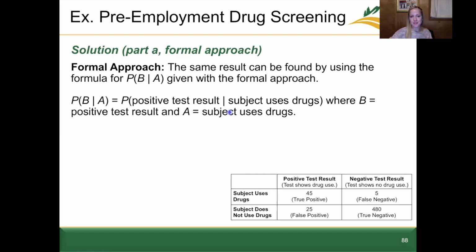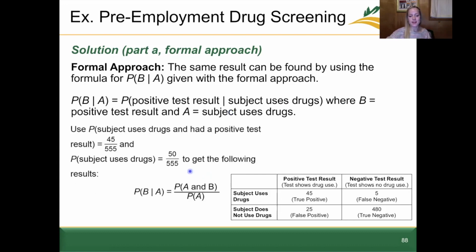Now remember, for the formal approach, we're going to use this equation here. So the probability that event A and B occurs divided by the probability of event A. Let's first talk about the probability of A and B occurring, so to get the numerator here. We're looking at the subjects that used drugs and they got a positive test result.